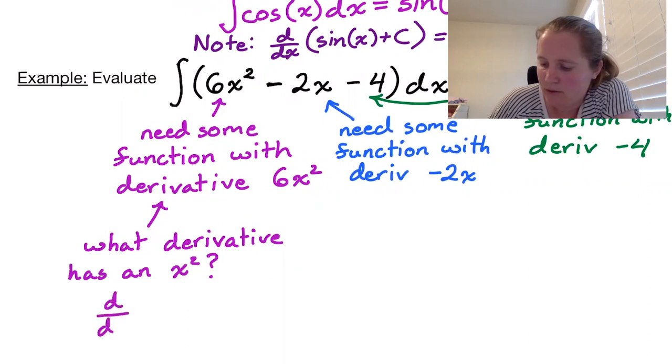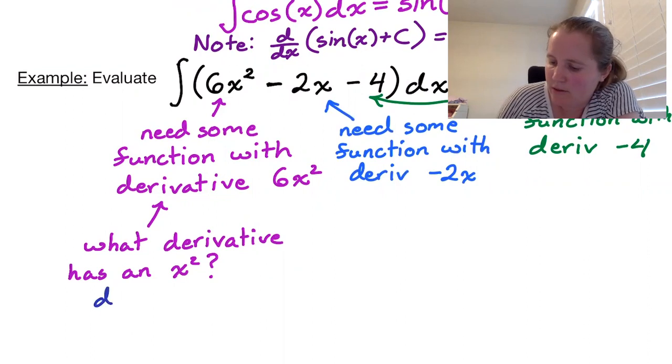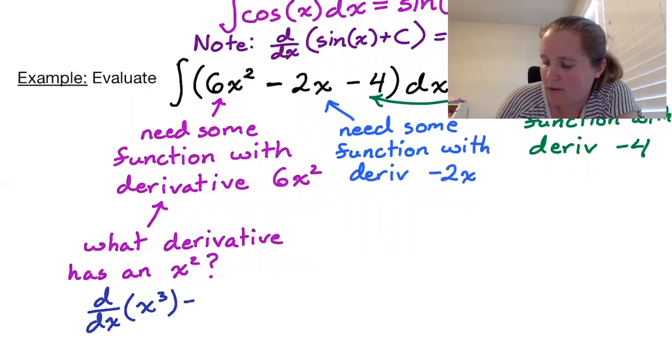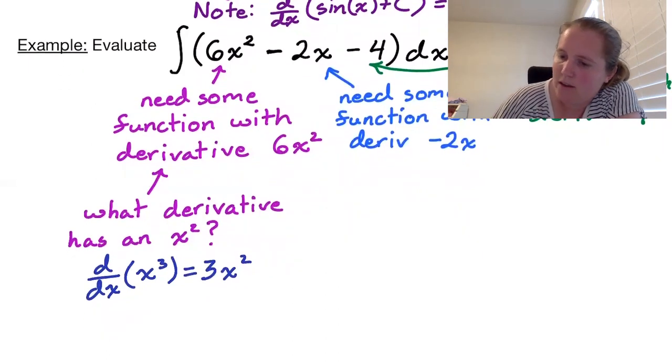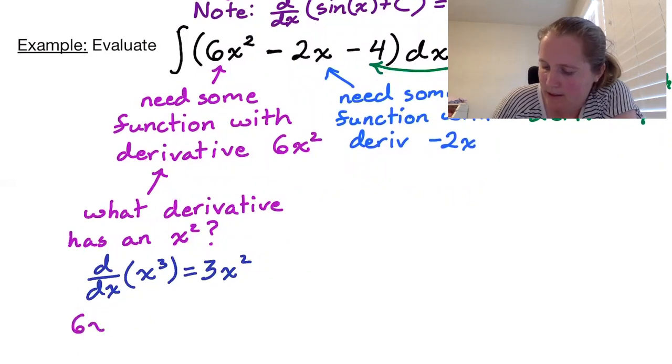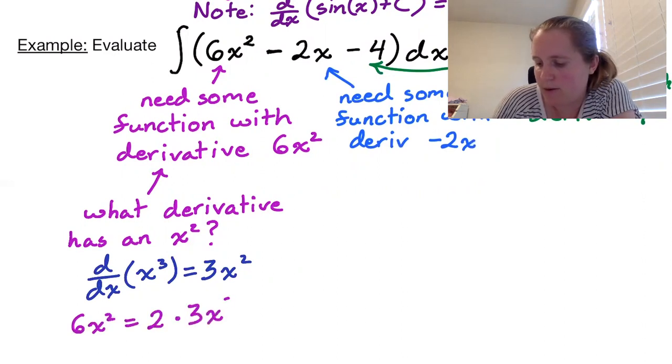The derivative of x cubed was 3x squared. So if we want to wind up with 6x squared, we have 6x squared is equal to 2 times 3x squared.